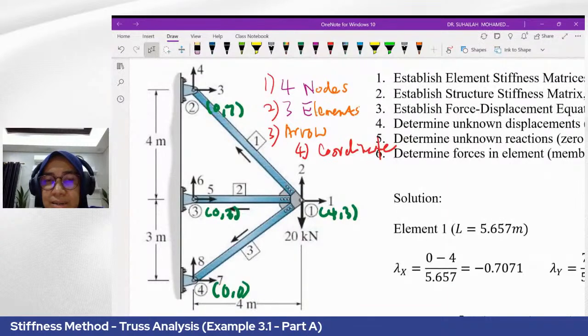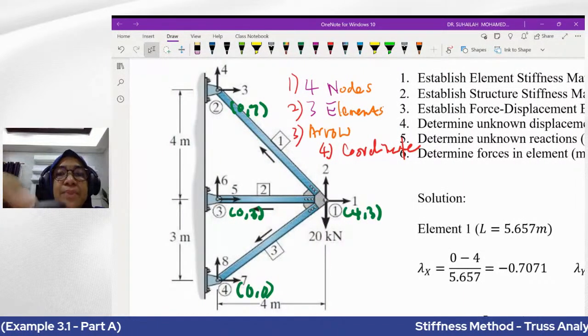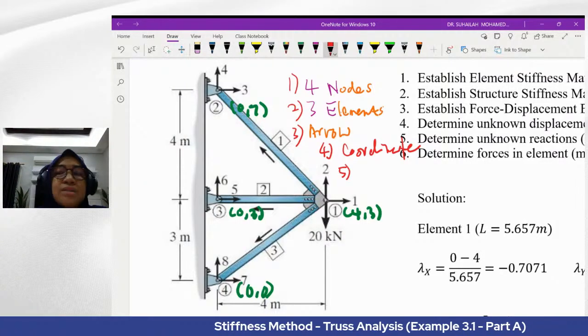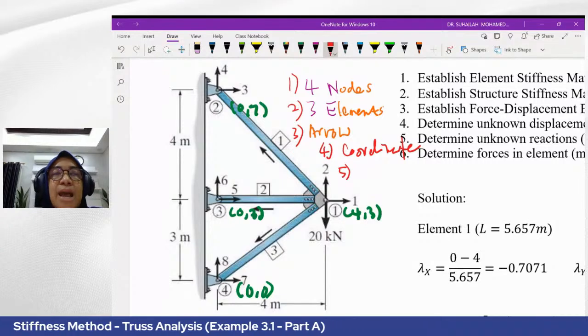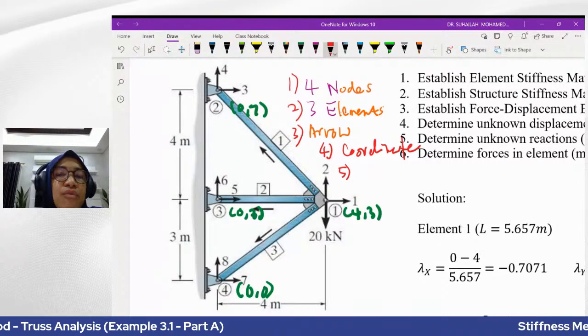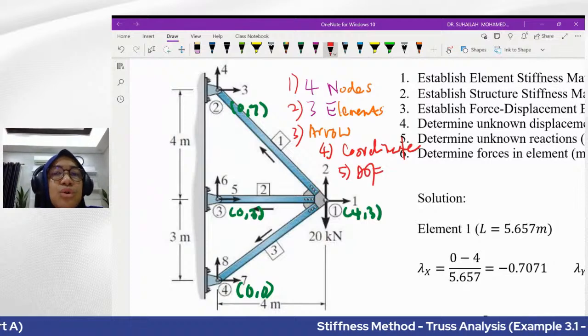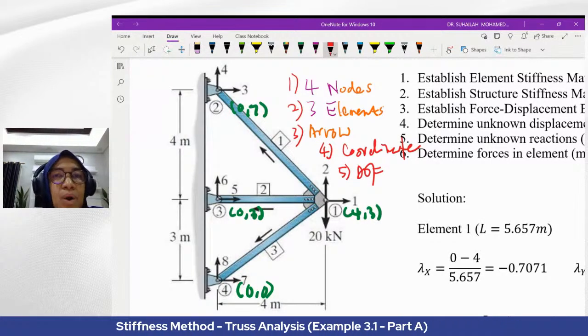Okay, clear? Okay, now criterion number 5, that is very, very important. The most important part is actually the degree of freedom. Always remember, degrees of freedom depend on the nodes.